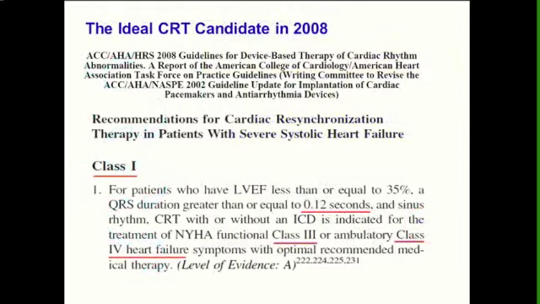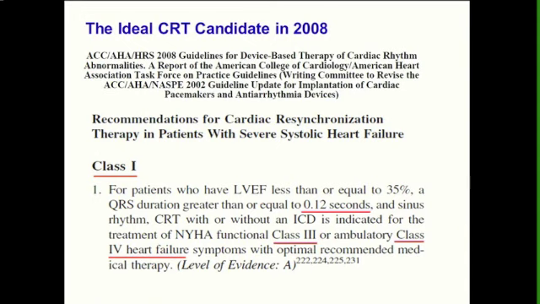So the ideal candidate, to recap, in 2008 was a patient with an ejection fraction less than 35%, a QRS duration, whatever pattern, of more than 120 milliseconds, sinus rhythm, and class 3 and class 4 heart failure. However, there was a significant non-response rate, which Dr. Dober addressed earlier on, almost 30%.